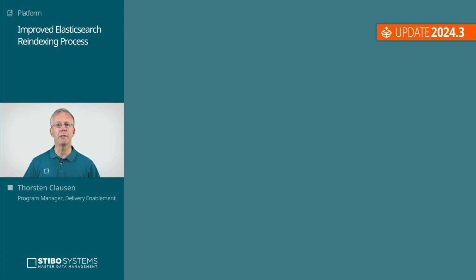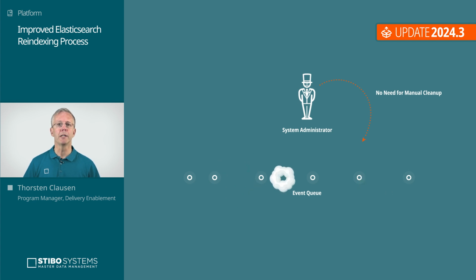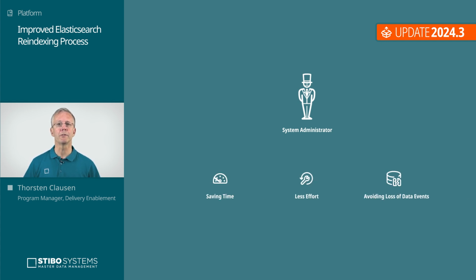Further, without the event queue involved in the reindexing process, it is no longer required for the system administrator to clean up the event queue if a reindexing process is cancelled, saving both time, effort, and avoiding potential loss of business users' data change events. This leads to lower maintenance efforts and better up-to-date indexes, which supports a smoother execution of business processes by providing more accurate search results.